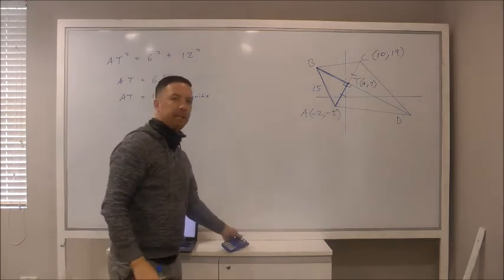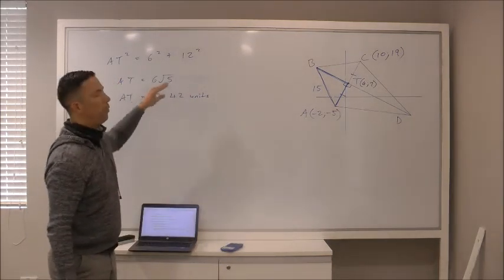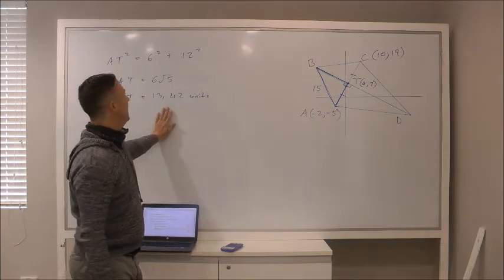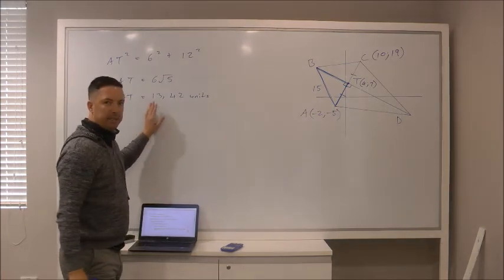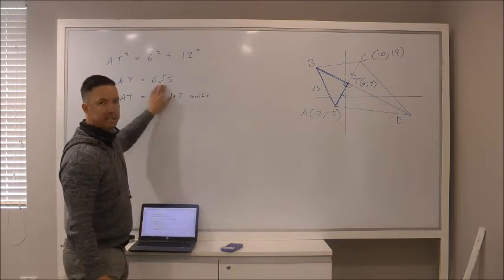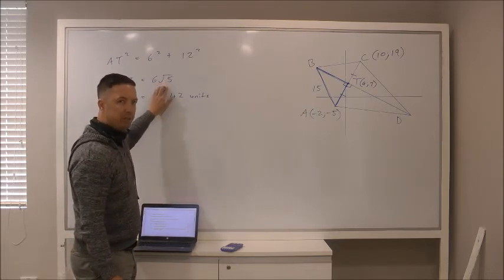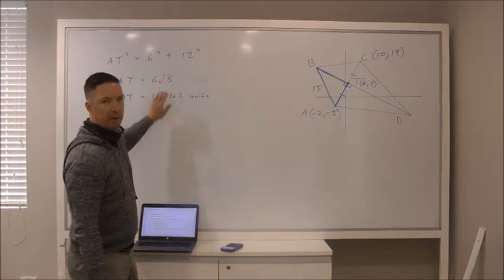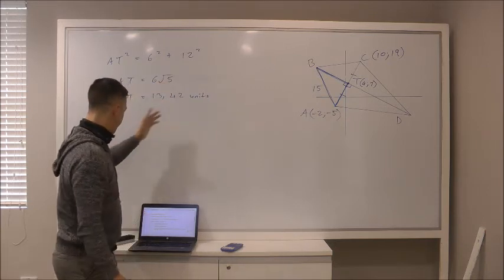Right, it didn't specifically say whether to leave it in surd form or to round it off to 2 decimal places. Generally speaking, you are safer to round off to 2 decimal places. However, if I'm going to use this distance again, I'm rather going to use the surd form because that way I don't have to round off and lose any decimal places.